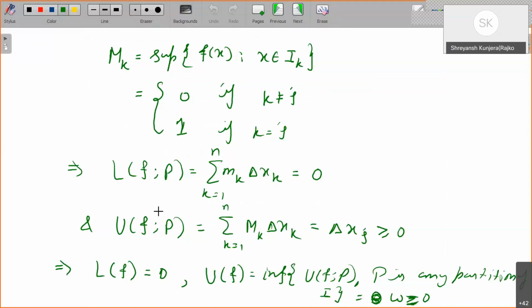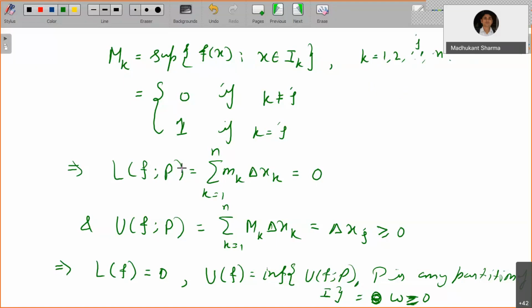Here, M_k has to be checked for each subinterval, k equals 1, 2, 3, and so on up to n. j is somewhere in between, so before and after it, the values are 0.